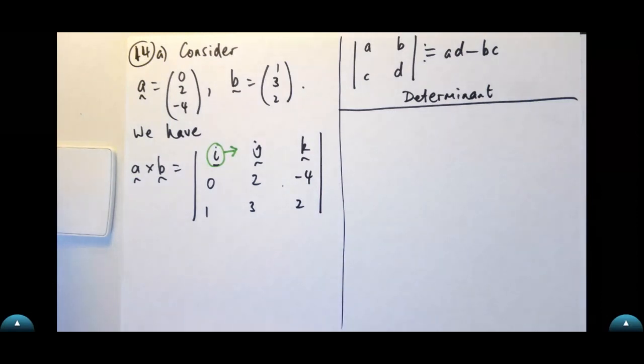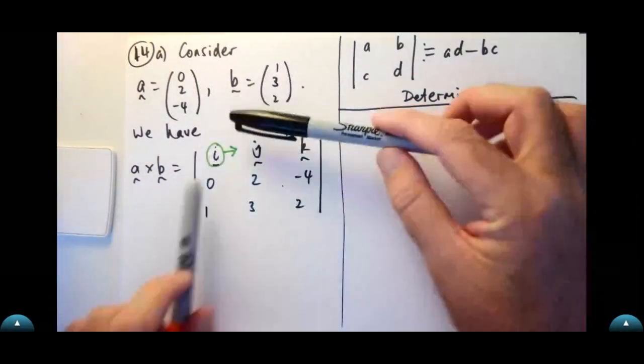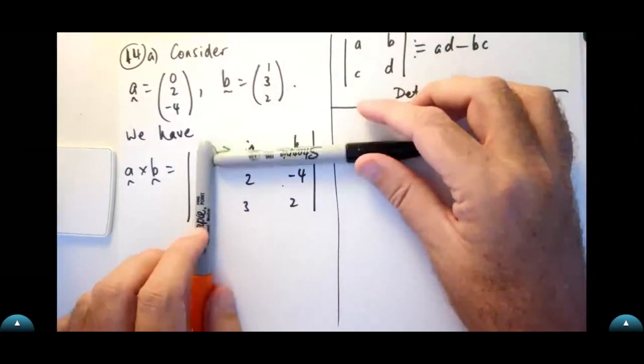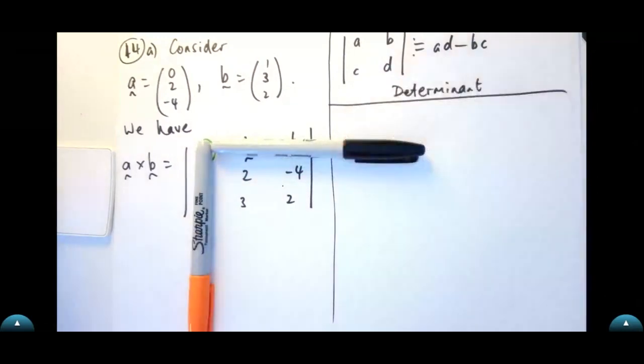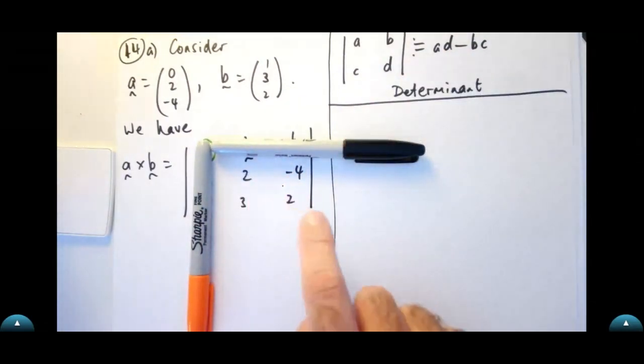Okay, so we can play a little game of cover up. So I start up here. I is in the first row in the first column. You cover those up, and then you multiply I by the determinant of what's left. So that times that minus that times that.